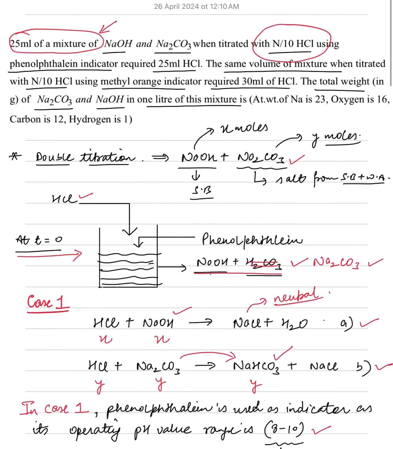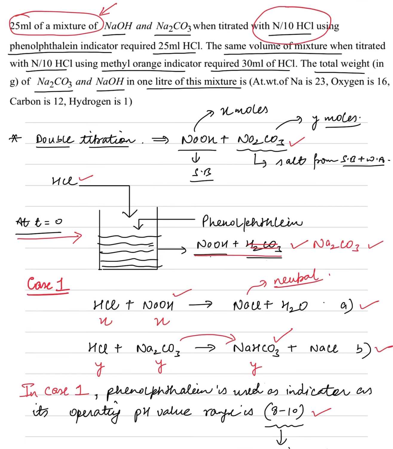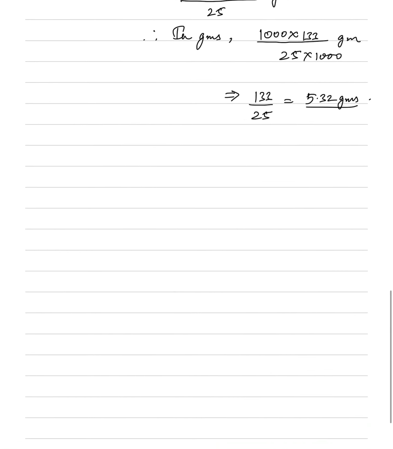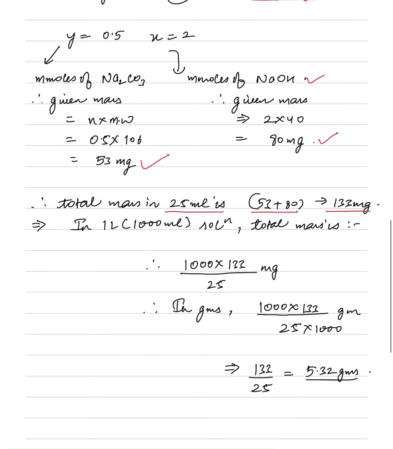We are asked the total mass in 1 liter of the solution, right? So in 25 ml, if the total mass is 133 milligrams, then in 1000 ml, how much is the total mass? We can easily find it. By using the simple unitary method, it will come out to be 5.32 grams. So this is the final answer.